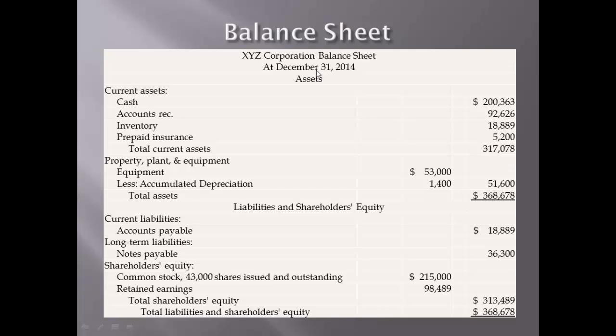And in this case, for XYZ Corporation, the balances of assets, liabilities, and shareholders' equity accounts are reported as at December 31, 2014, which means that the balances could change the day after.